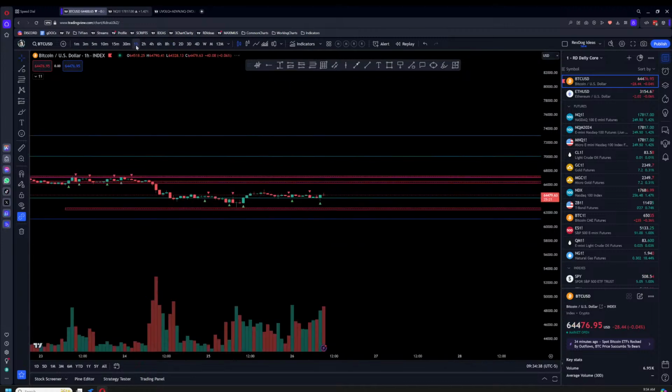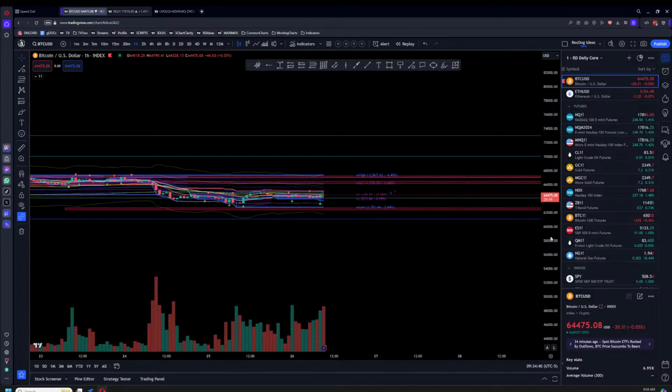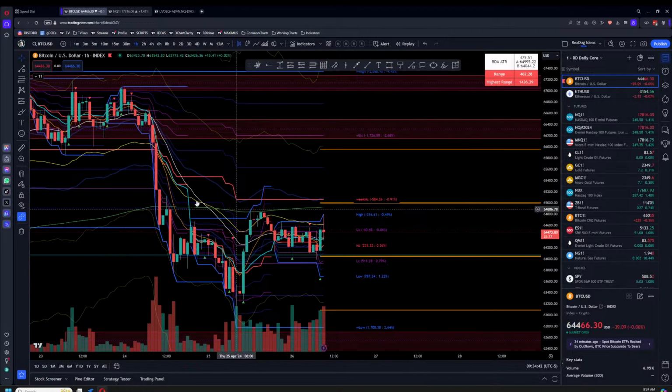Let's look at the 1 hour. So we've got the weak mid control at 65,000 roughly. That's kind of where it failed before, around that zone. So that's going to be tough. There's mixed 200 around there too.